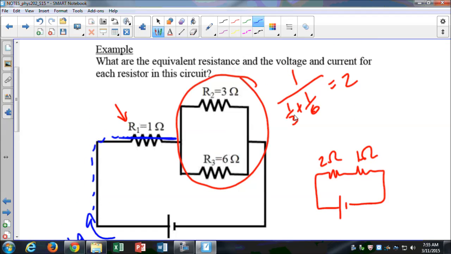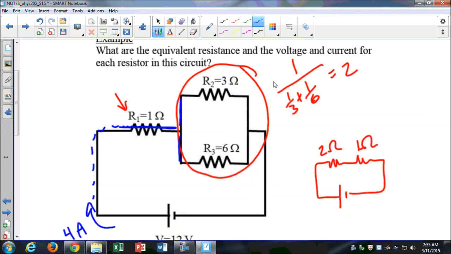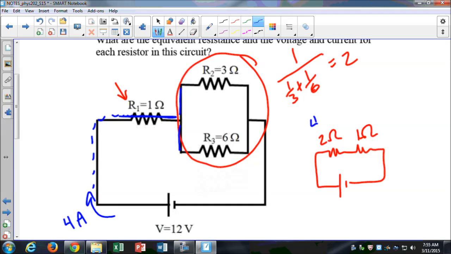Now that 4 amps splits here and here. And I want to find out what is that current. What is the voltage, first of all, over R2 and R3? Now I know that resistors in parallel have the same voltage, so whatever's on one is on the other. What is it? 8 volts. So here I have 4 amps. I got these switched up. Let me fix them.